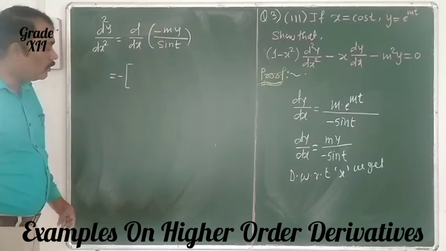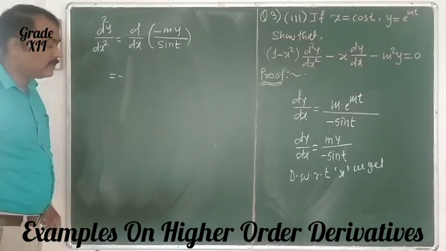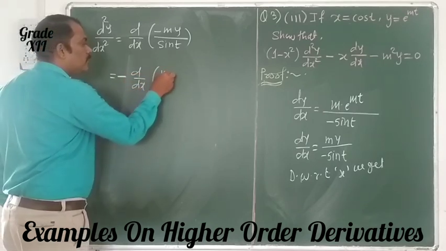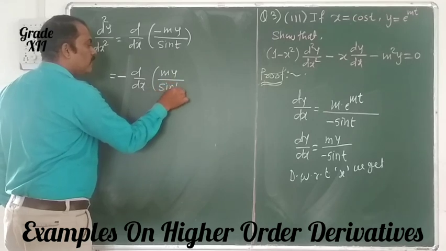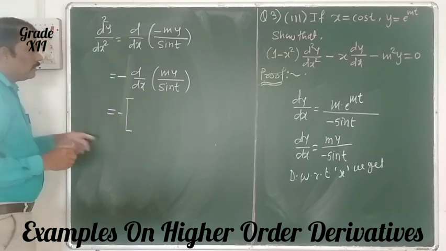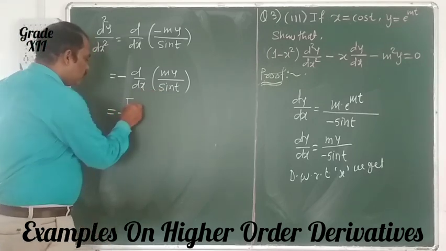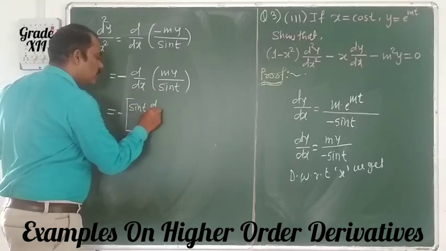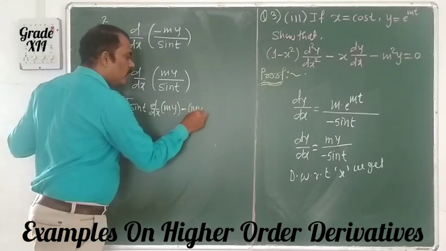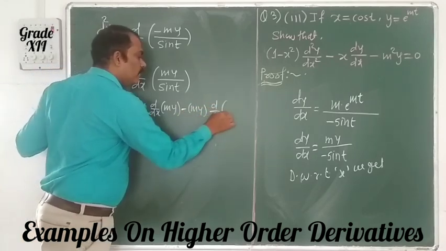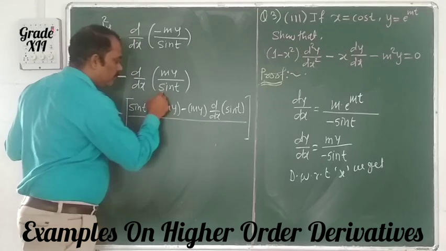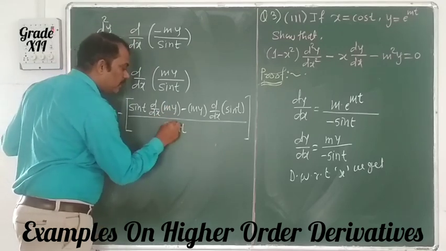I will write it again so you can easily understand, because the minus sign is important: d/dx of m y divided by sin t. So minus into, by the quotient rule, denominator sin t into d/dx of numerator m y, minus numerator m y into d/dx of denominator sin t, divided by denominator square.